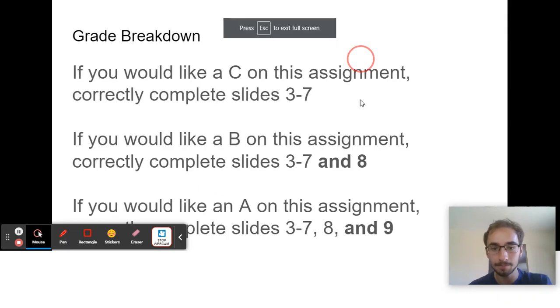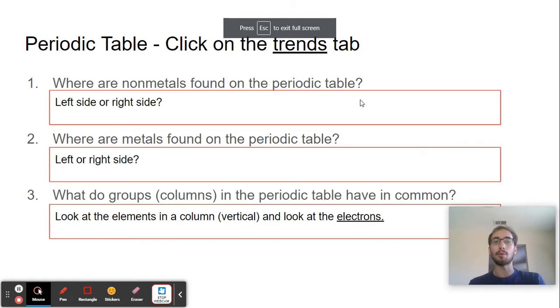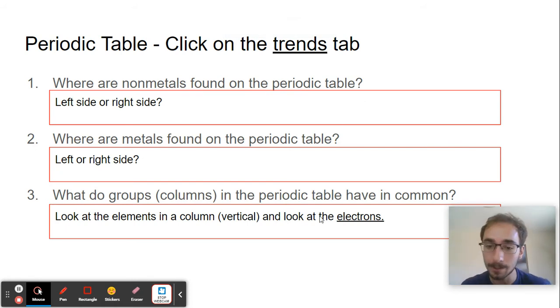And then I want you to try and find the nonmetals, the metals, and then try and look closely to figure out what do the groups or the columns have in common with each other. We went over this yesterday too, but I think we need more practice.